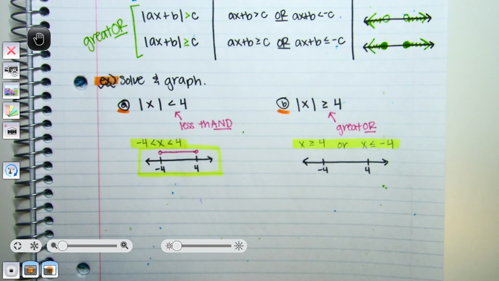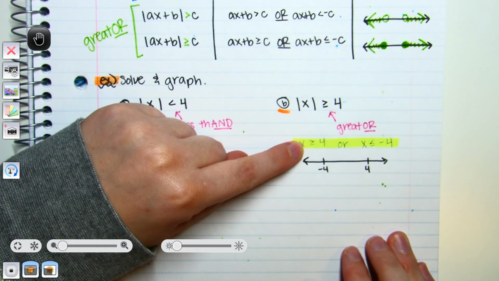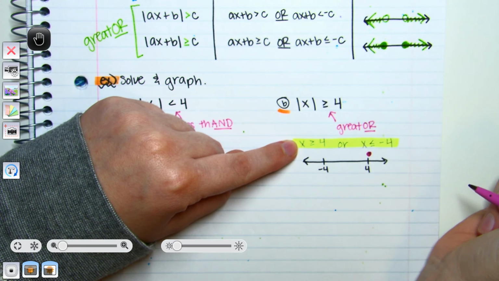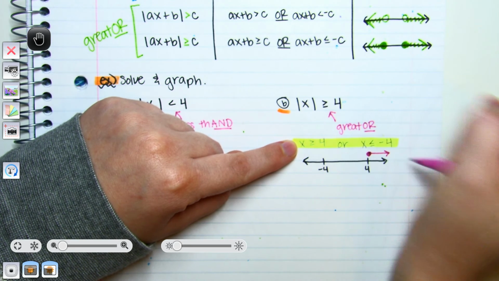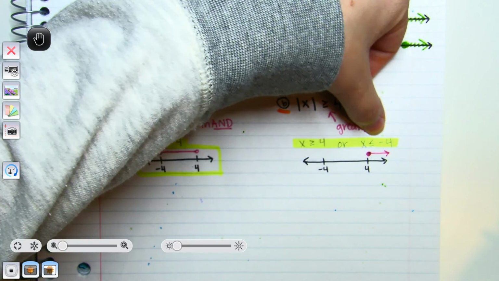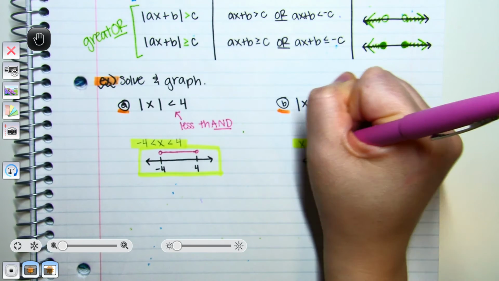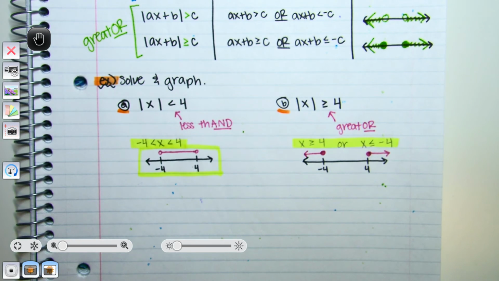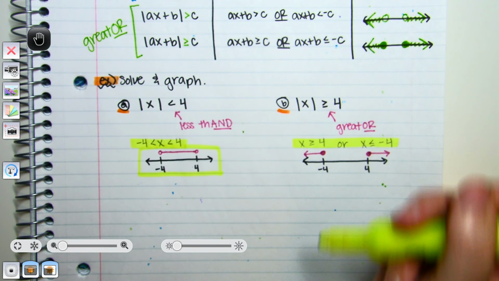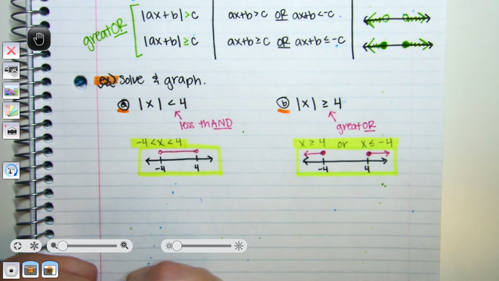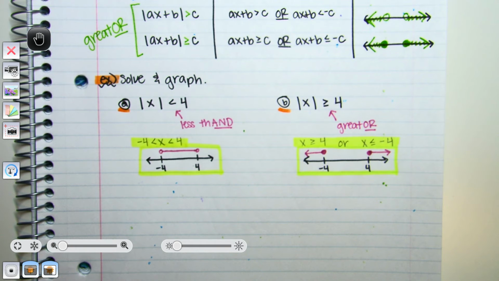Now for this one, open or closed circle? Good, you should have said closed, +4, and it's everything greater than that or bigger, which is going to the right. This one is also a closed circle at -4, and it's everything smaller or less than, everything going to the left. And there we go. Two very basic examples of an "and" or an "or" statement.